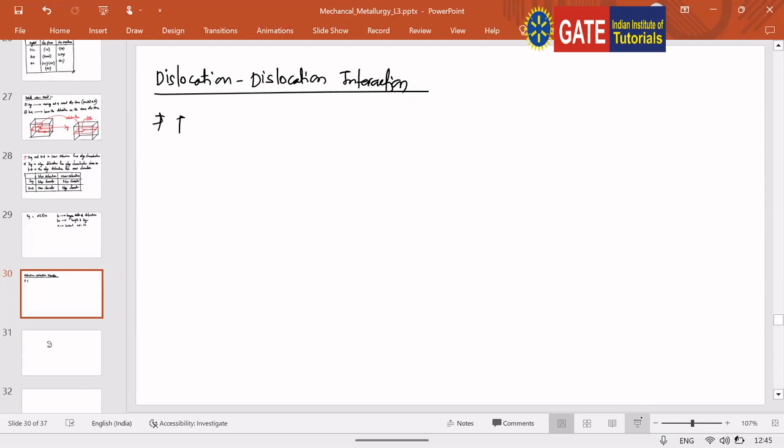Also, next line, these extra segments in a dislocation line cost energy, and hence it requires work done by the external force.